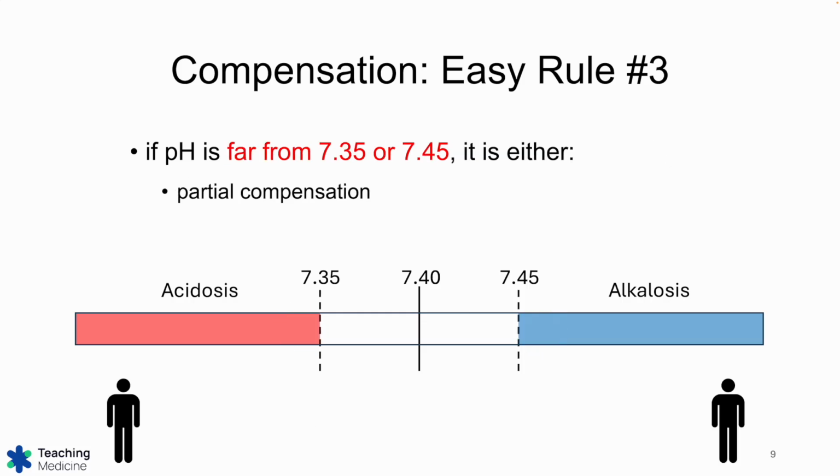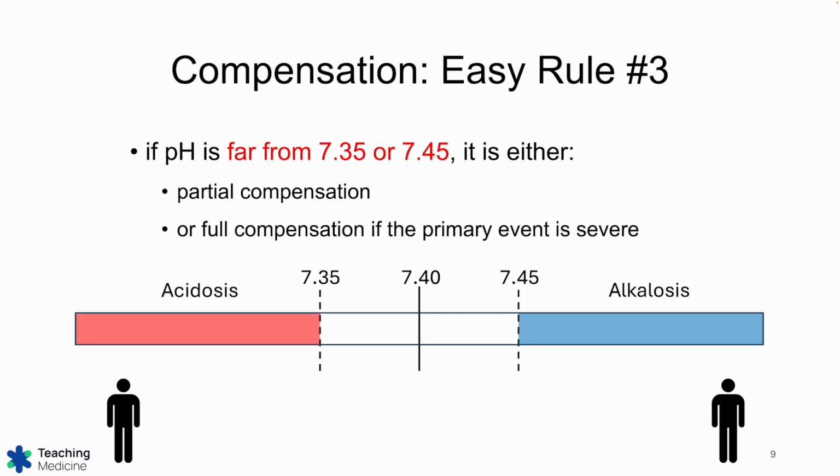And easy rule number three, if the pH is very acidic or very alkalotic, I should say very acidemic or very alkalemic, you probably only have partial compensation. So those are the three easy rules.